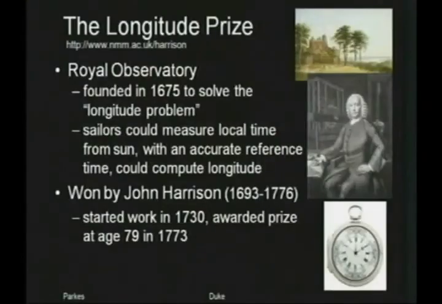The basic idea was that if you have an accurate clock, and if you can tell where the sun is in the sky locally, and you have your reference clock, then you can compute where you are. So what you need is a really accurate clock. And this guy actually worked on it from 1730, finally won the prize in 1773. So he was working on it for his whole life and developed this amazing timepiece.